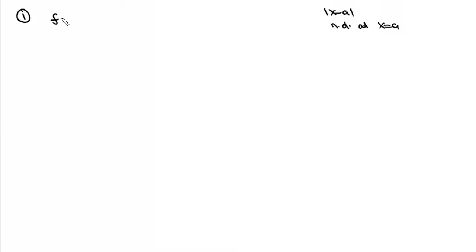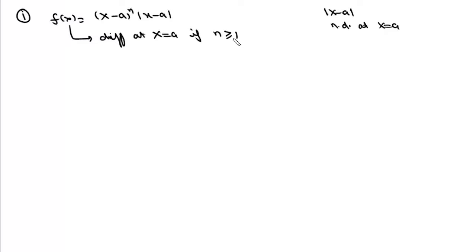But if we have a function f(x) equal to (x minus a) to the power n times mod of (x minus a), then this function f(x) will be differentiable at x equal to a if n is greater than or equal to 1, and it is not differentiable at x equal to a if n is less than 1.